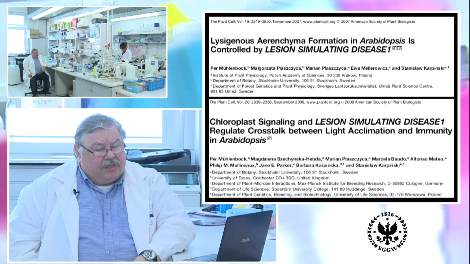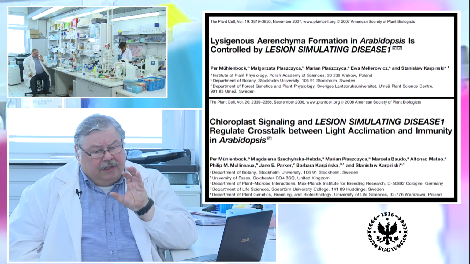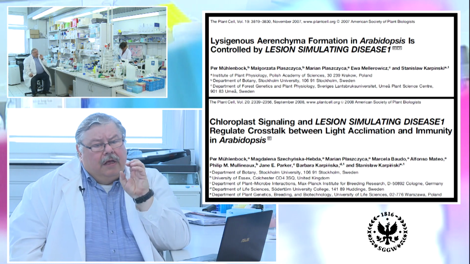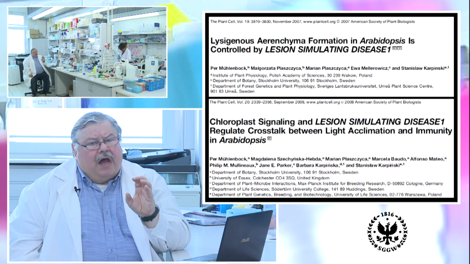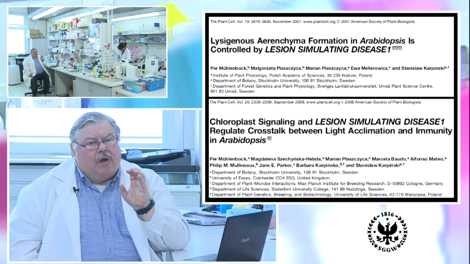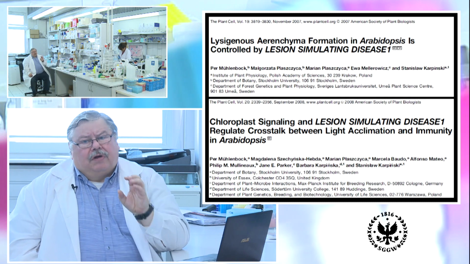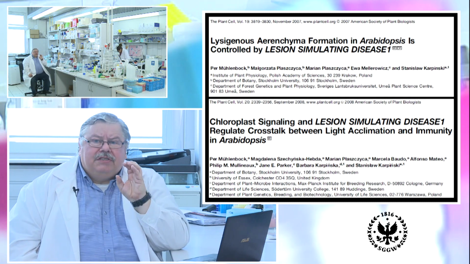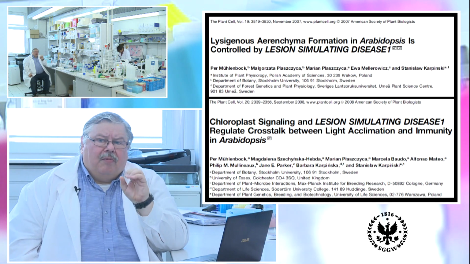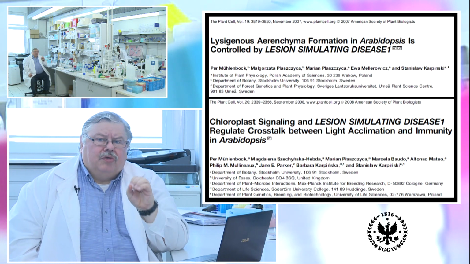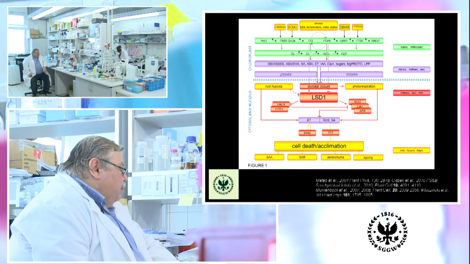In the last article, and in the first article, we showed that runaway cell death regulated by LSD1, EDS1, and PAD4 is strictly dependent on photorespiration and CO2 concentration. We could revert the runaway cell death phenotype in the LSD1 mutant at a higher CO2 level. This was a pretty important finding.